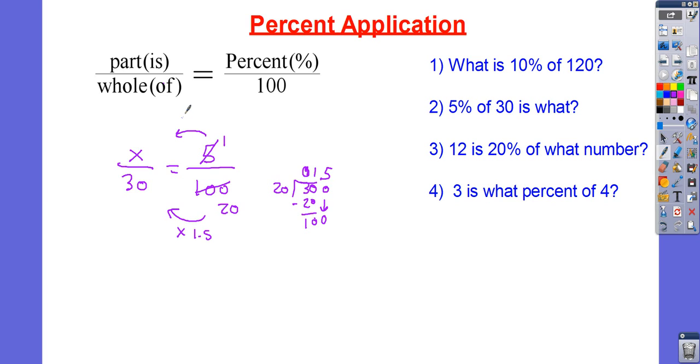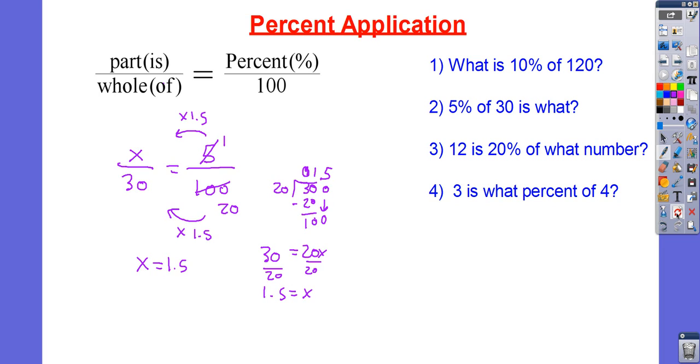So 1 times 1.5 is simply going to give me x is equal to 1.5. Okay, also I could have done cross multiplication. 30 times 1 is going to be 30. 20 times x is going to be 20x. And then essentially, I'm just going to do the same thing, 1.5. Okay?